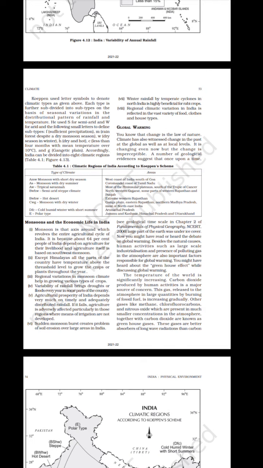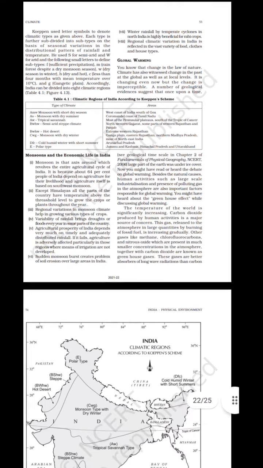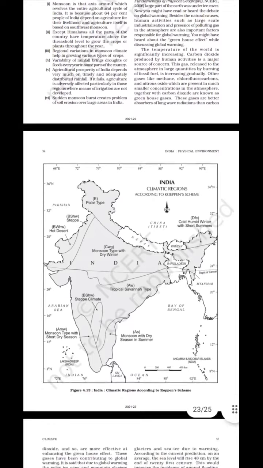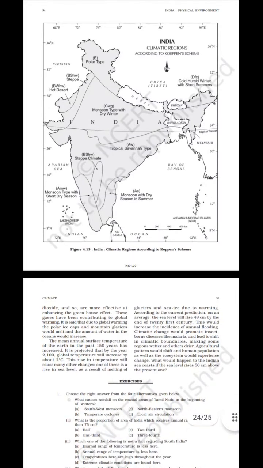Other gases like methane, chlorofluorocarbons, and nitrous oxide, which are present in much smaller concentrations in the atmosphere, together with carbon dioxide, are known as greenhouse gases. These gases are better absorbers of long wave radiations than carbon dioxide and so are more effective at enhancing the greenhouse effect.